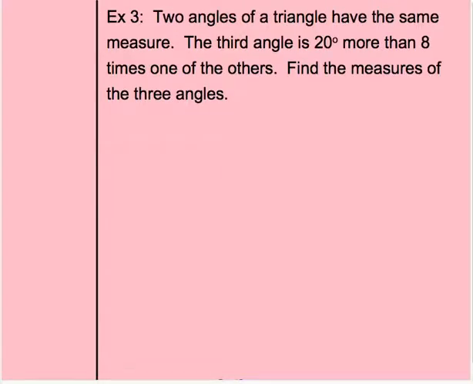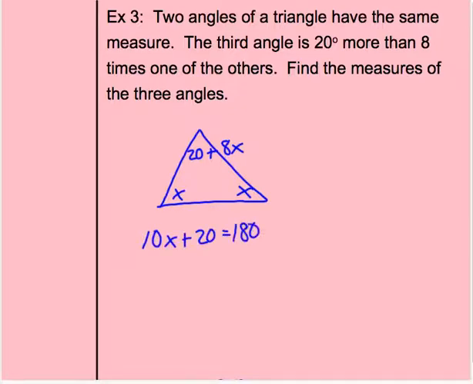Next example, 2 angles of a triangle have the same measure. The third angle is 20 degrees more than 8 times the measure of one of the others. So 20 degrees more than 8 times one of the other angles. Again, add them up, set them equal to 180. So this time we have 10x plus 20 equals 180.